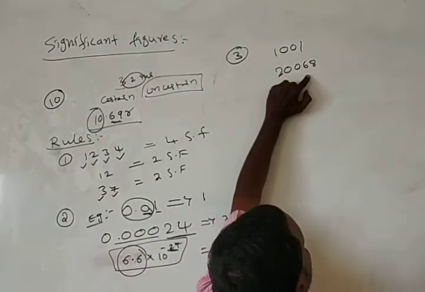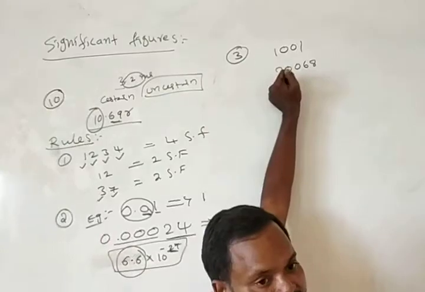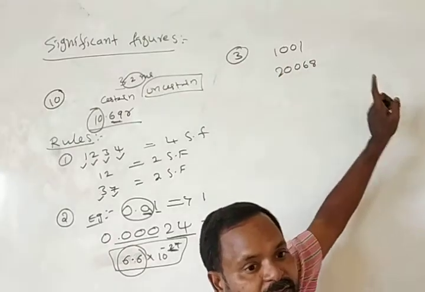Here two zeros are present between numbers, and these zeros are also significant.